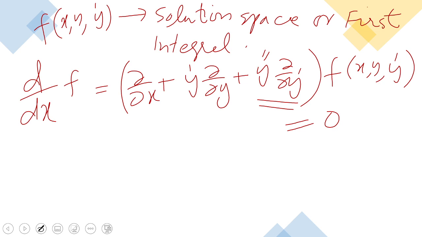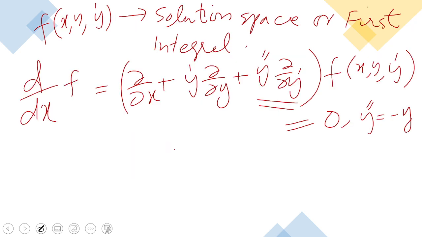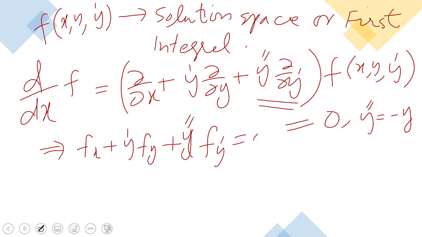But you see, what is y double dash? Y double dash is minus y, from my equation I take. See here. Now what does this equation tell me? This equation tells me that f_x plus y dash f_y plus y double dash f_y dash equal to 0, but I will put y double dash as minus y.